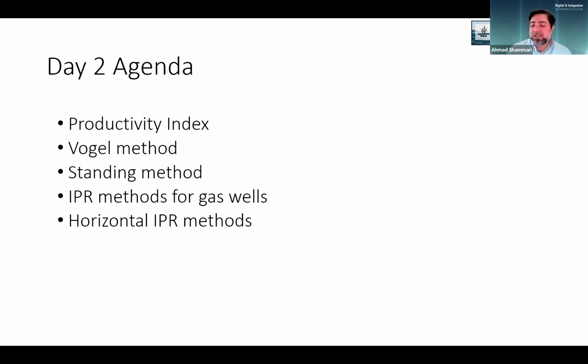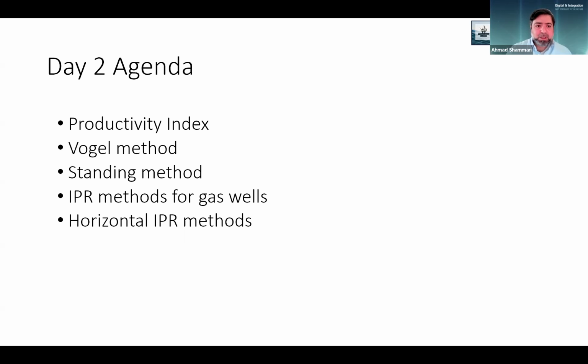Strange thing is that the Standing method is not available in the famous production performance software such as PipeSim or Prosper, and the reason is because the Standing method is nothing but, you will see, a modification of the Vogel method, and even the Vogel method itself is only applicable in certain conditions, which is saturated reservoir. But the rest you find in all these similar software.